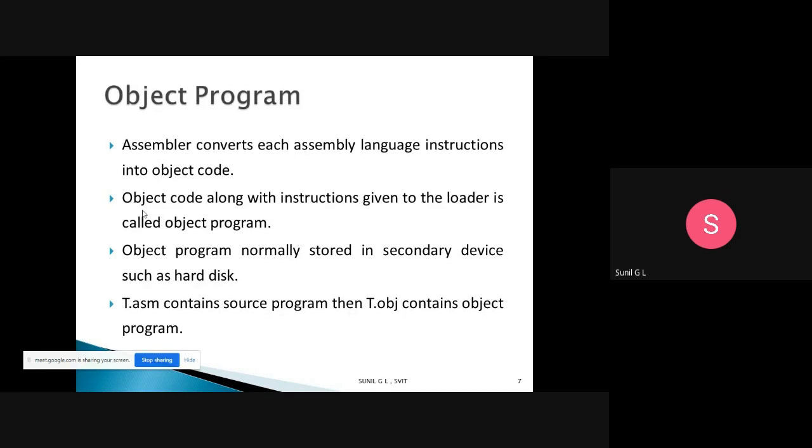Object code along with instructions given to the loader is called the object program. It means the program is ready for execution, and that we call the object program.